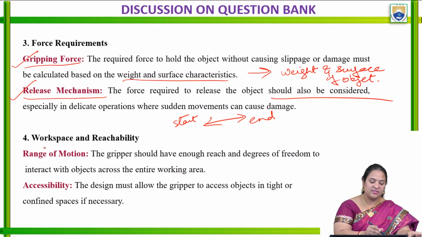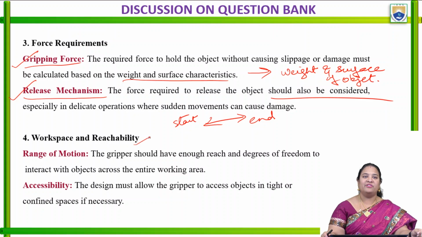Now the fourth one is the workspace and the reachability. What do we mean by workspace and reachability? Depending upon the range of motion or depending upon the accessibility, we need to design the robot. When the robot doesn't have a proper degree of freedom, can it move appropriately?